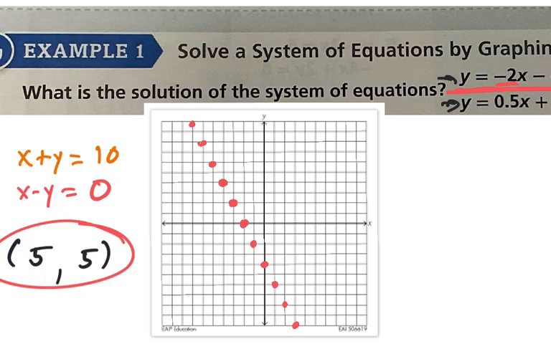So I'm going to go up 2 and left 1 several times to give me this line. I don't draw negative slope lines very well. I don't draw any line very well, but specifically negative slope.